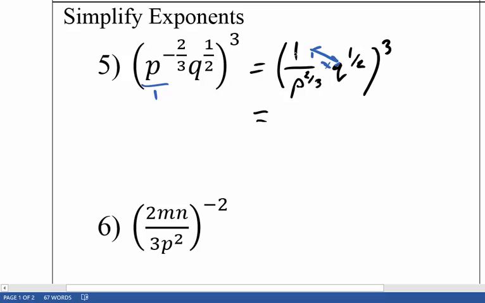So this part here times this part up here. This part here doesn't get times, okay? The reason for that is because there's an invisible over 1. So this is getting times by that, and this is getting times by that. Okay, so it's going to become q half, like that, over p 2/3, still to the power of 3.